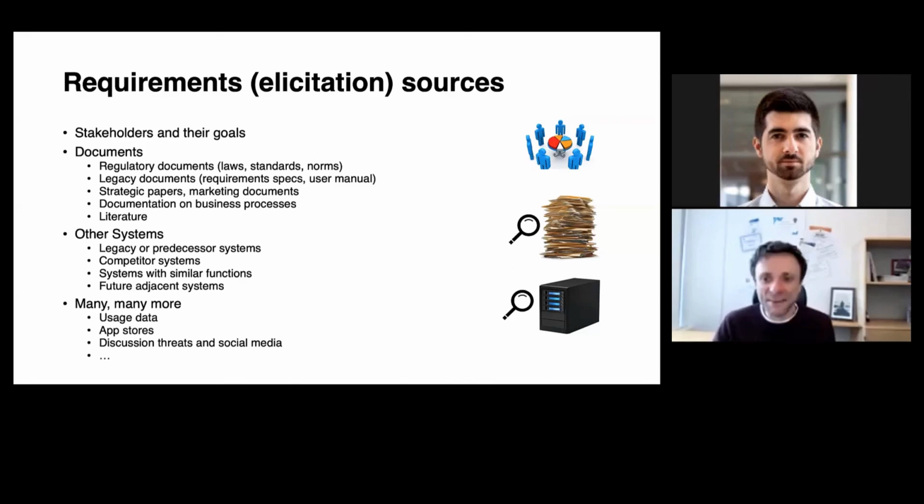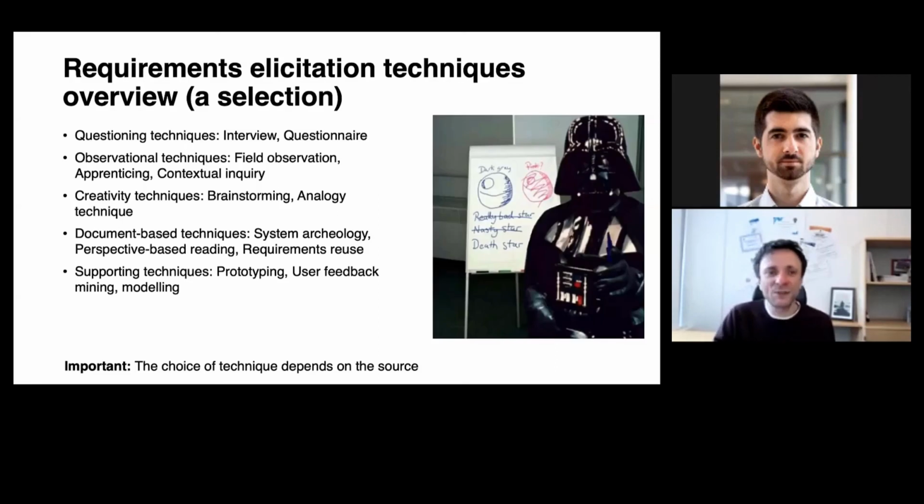Same as the list of requirement sources can be endless, so can be the list of potential elicitation techniques. We have many different techniques that are directed more at stakeholders, and we have many techniques that are more oriented and directed at the analysis of documents and data sets. Stakeholder-oriented techniques are, for example, questioning techniques, like interviews, questionnaires, focus groups, and so on.